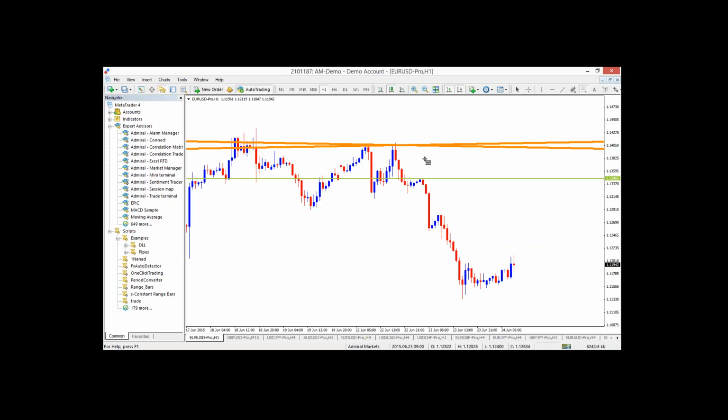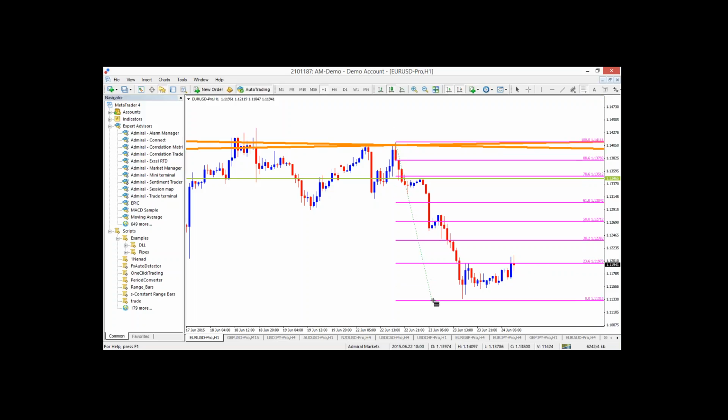So if I put a fib from this top to this bottom, from this swing high to this swing low, it's at the 23.6, which is typical. So as long as it doesn't exceed the 38.2 fib, it's probably a correction. It could still be a correction. So one way of trading it is the fibs, ideally the 38.2, or a break of the flag.